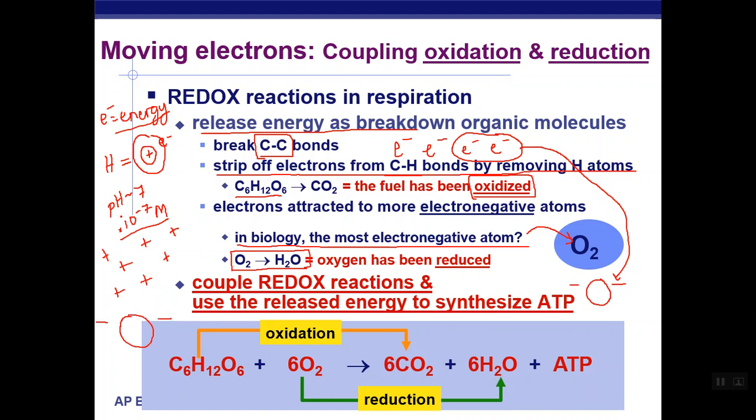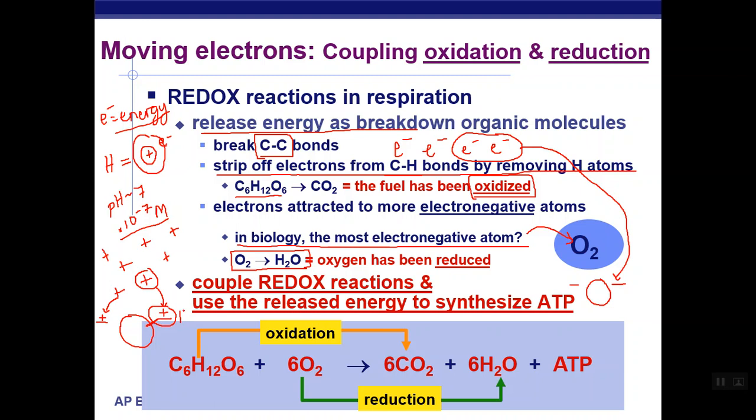Going back to our pH, we have protons in a concentration in our cytoplasm. These protons are going to say, ooh, looky over here. There's a negative charge on this oxygen. I'm going to join up with it. And each oxygen can do this twice. At this point, what do you have? What is a proton and an electron?